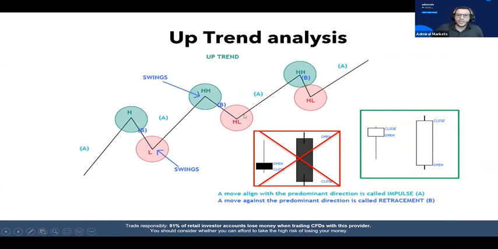So when we see this type of market condition, we do not attempt to use the bearish pin bar and the bearish engulfing to get onto the retracements.